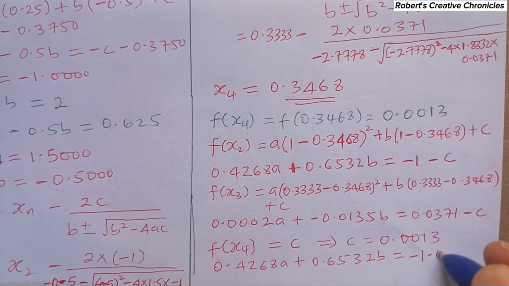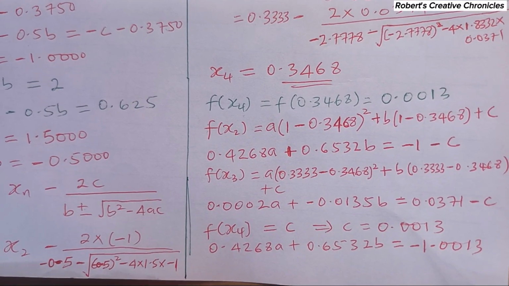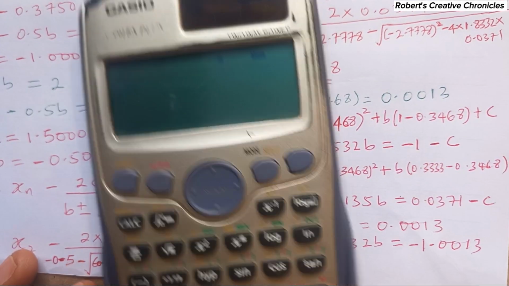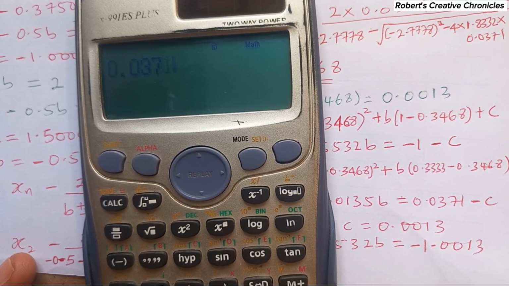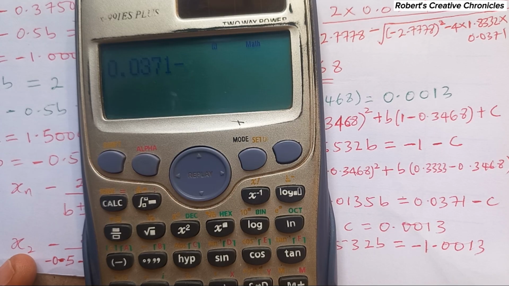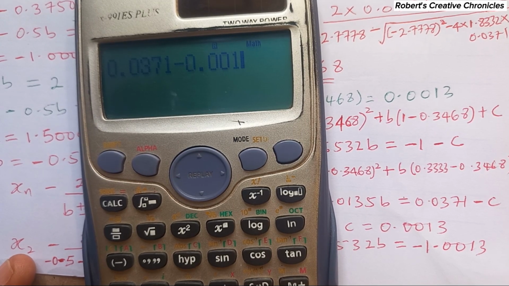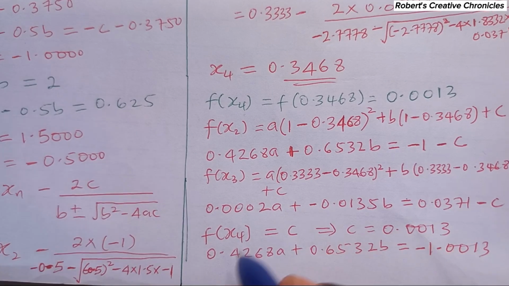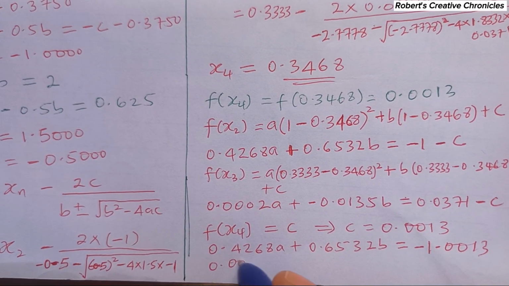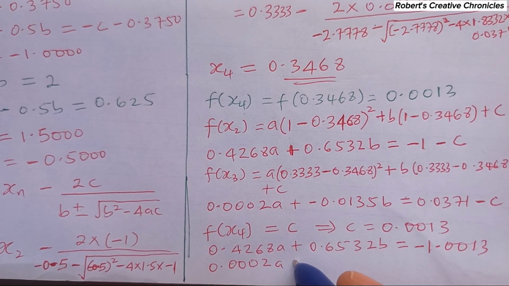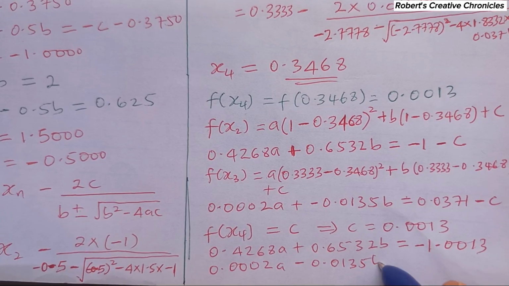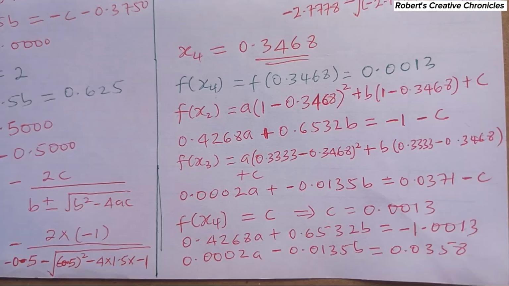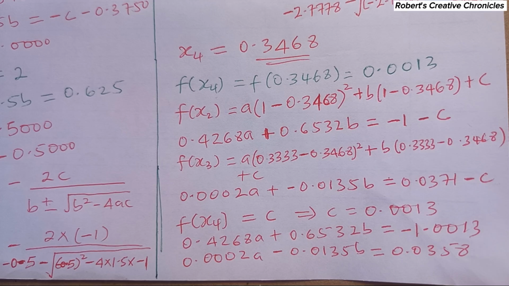Negative 1.0013. Then this one, 0.0371 minus 0.0013, 0.0358. So this becomes 0.0002A minus 0.0135B is equals to 0.0358. So now we can solve these two simultaneous equations to find A and B.